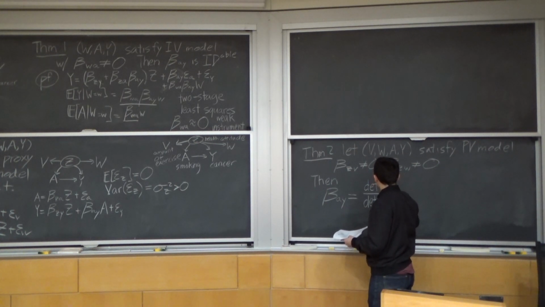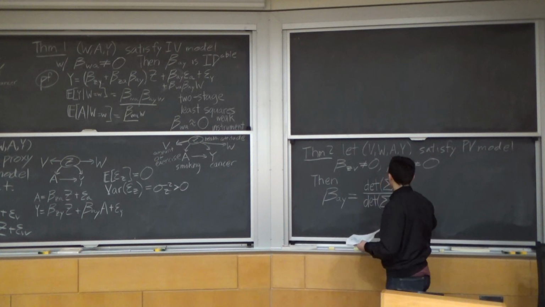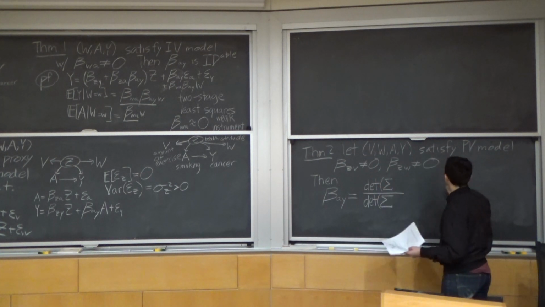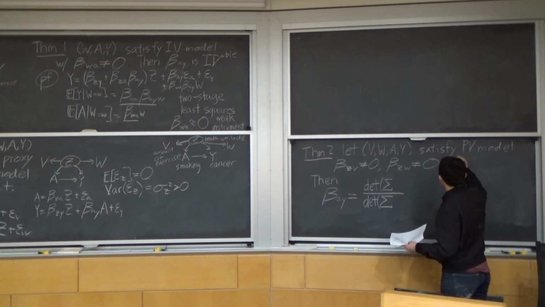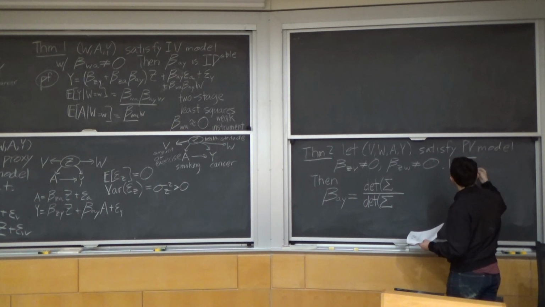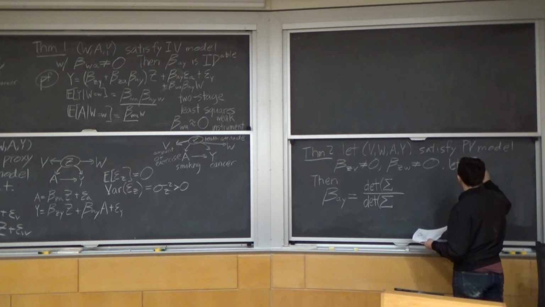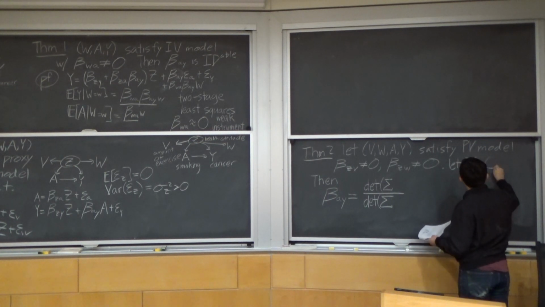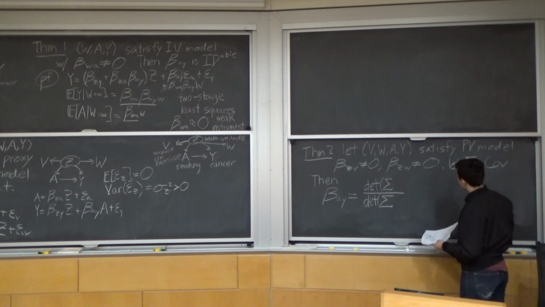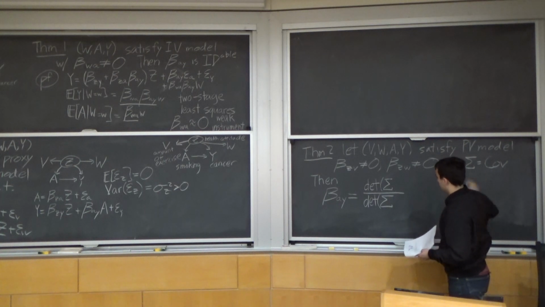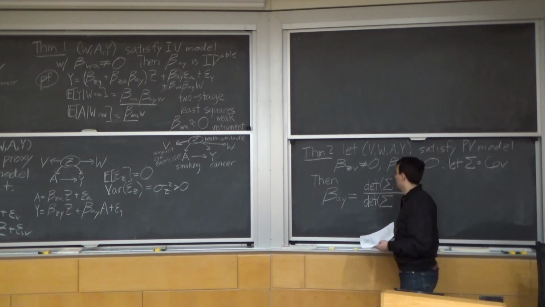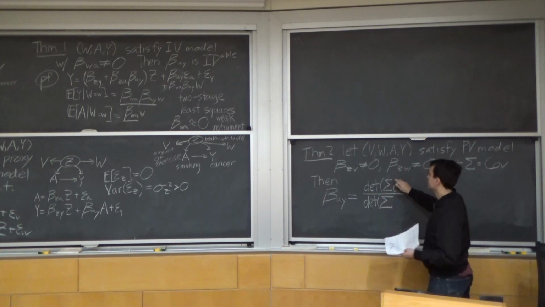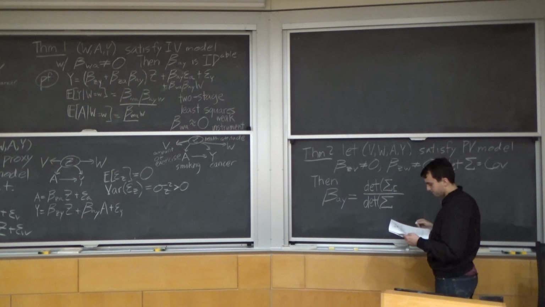So this sigma will denote the covariance matrix of those variables V, W, A, and Y. Basically, we're going to take these 2x2 submatrices of this.